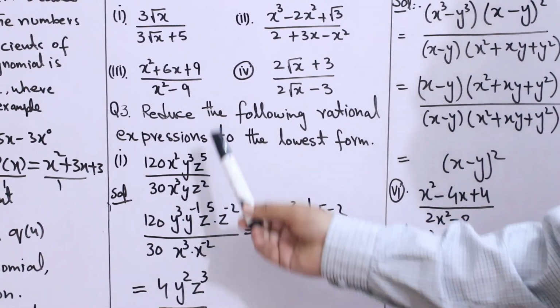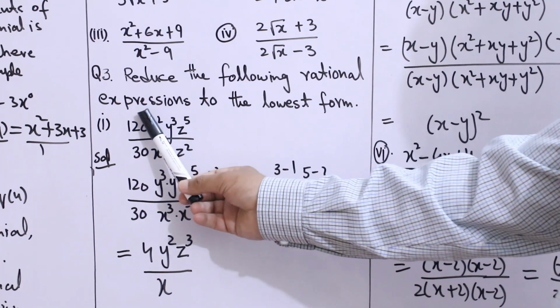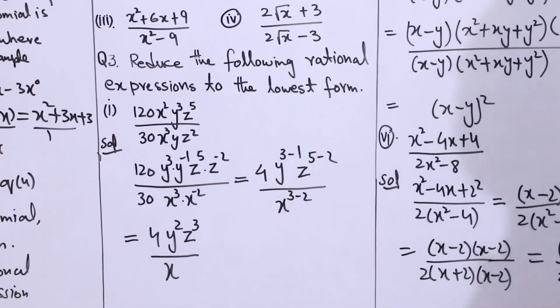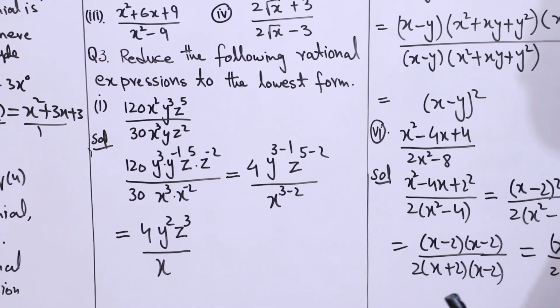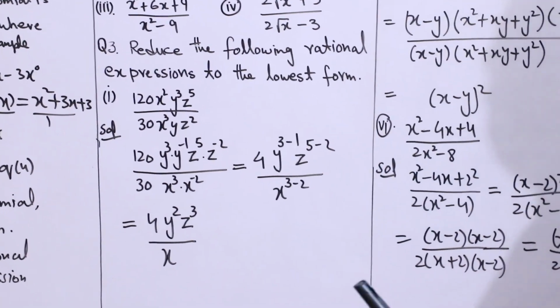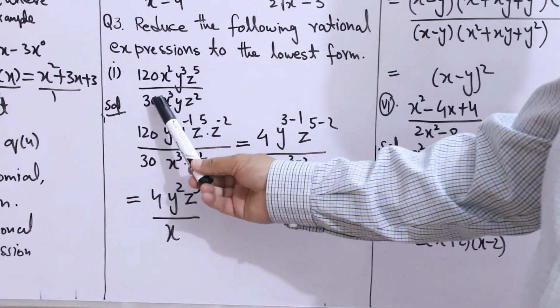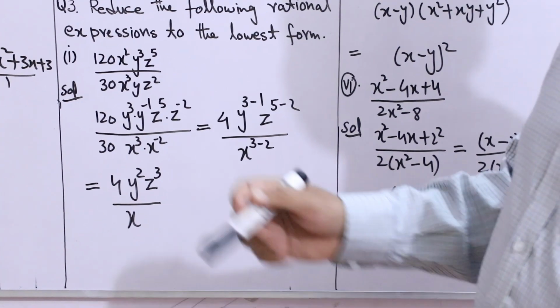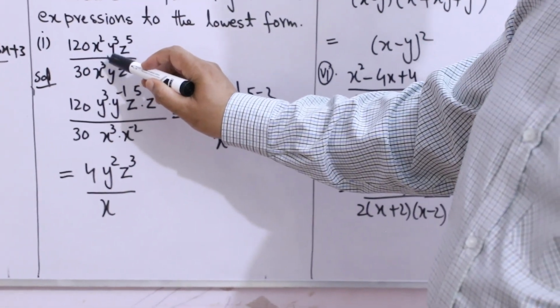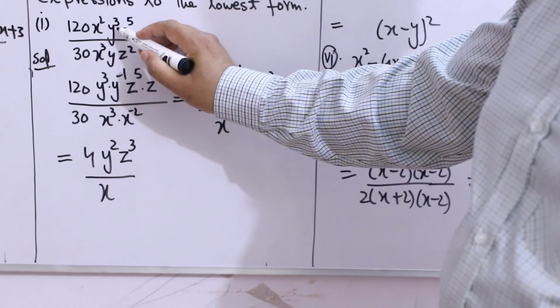Question number 3. Reduce the following rational expressions to the lowest form. So now we have to simplify these. Here we just have to simplify.